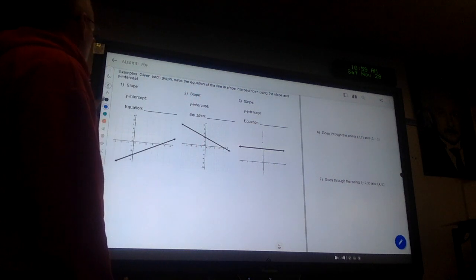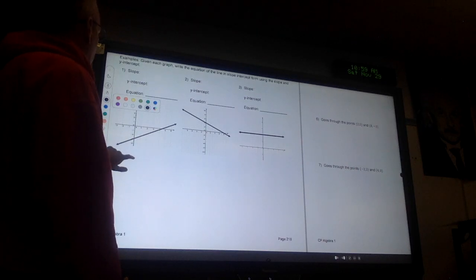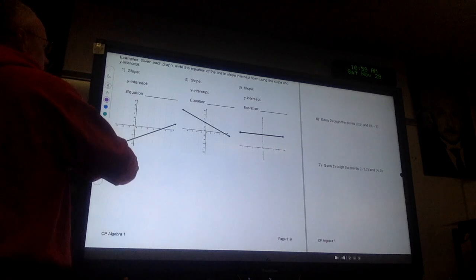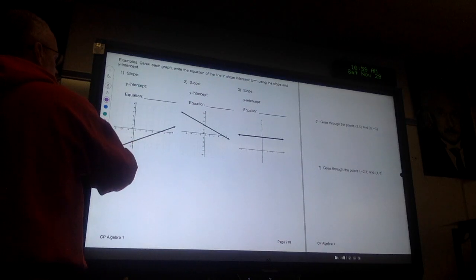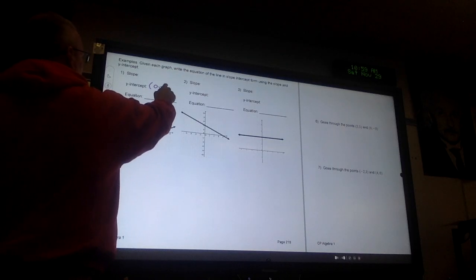Alright, they want us to give some examples of the y-intercept, or we're trying to figure out our y-intercept in our graph. So, looks like here, we have a y-intercept down here. So our y-intercept is (0, -3).